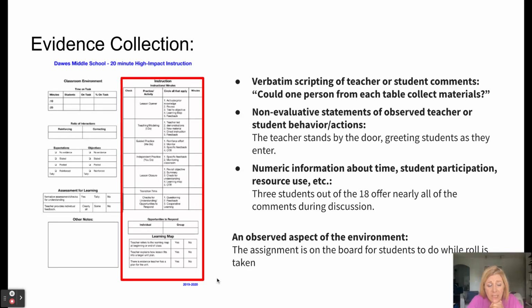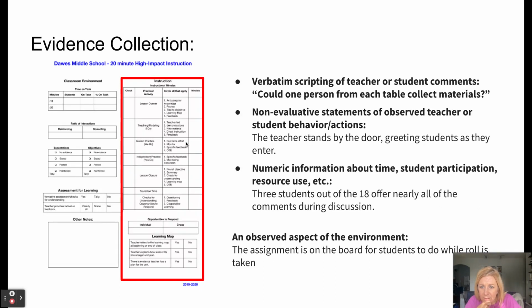Here's some of the quantitative data that I collect around domain 3. So I'm going to summarize for teachers how many minutes they're spending in each phase of gradual release. And then within each phase of gradual release, I'm going to be really specific about what students were doing.